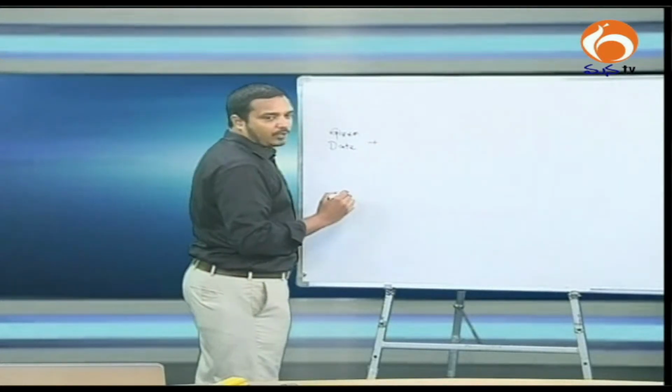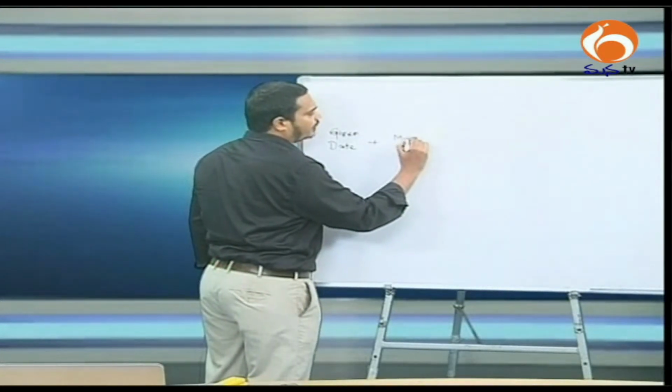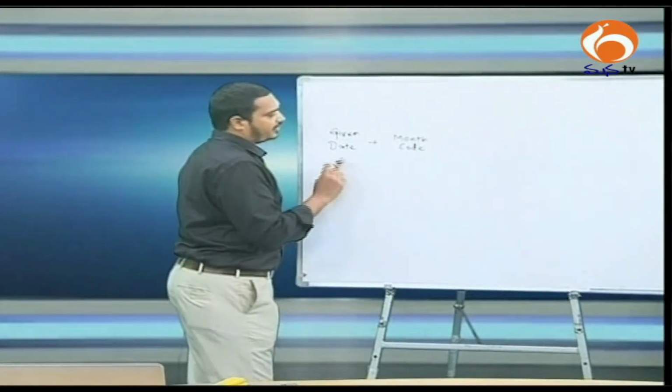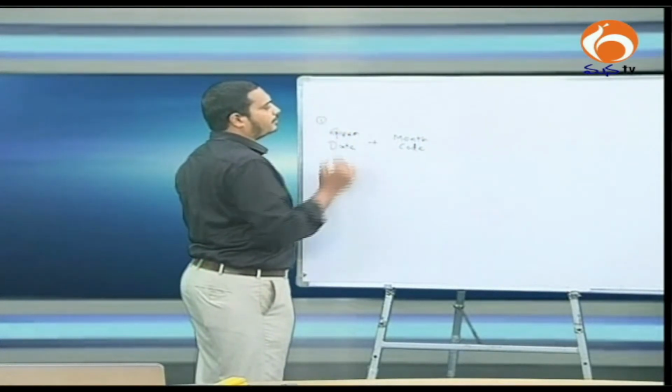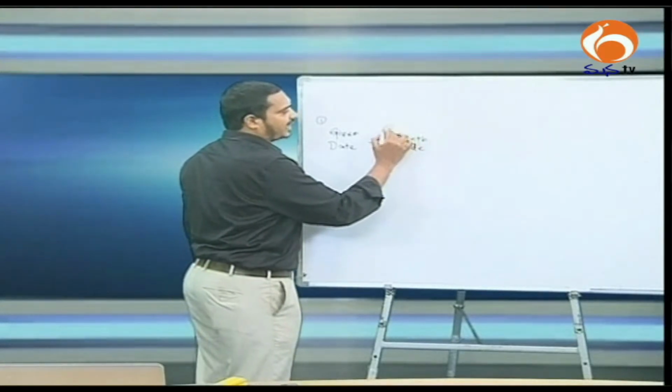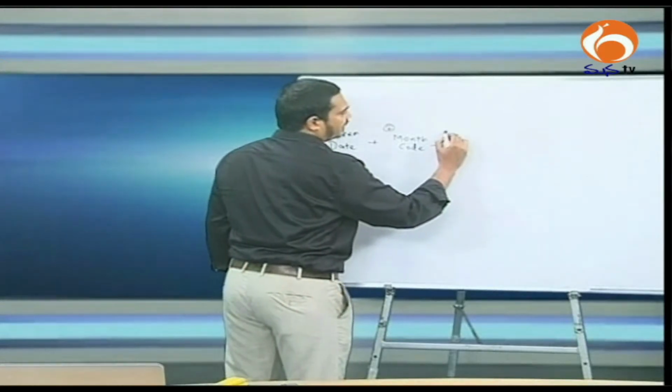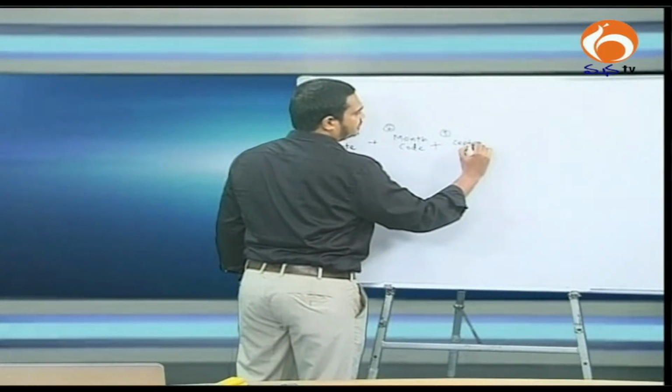The first parameter is the given date, and the second one is the month code. Then the third parameter is the century code.